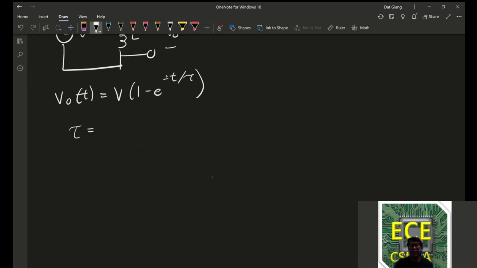Tau, instead of being R times C, because there is no capacitor here, is instead L divided by R, L representing the inductance of the inductor, and R the resistance of the resistor. Similarly, this also describes that we have 63% charged and 37% current at t equals tau.